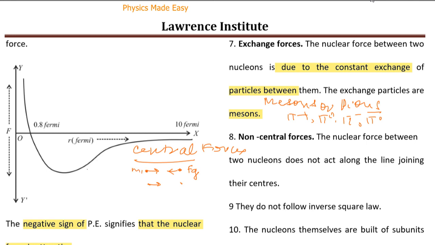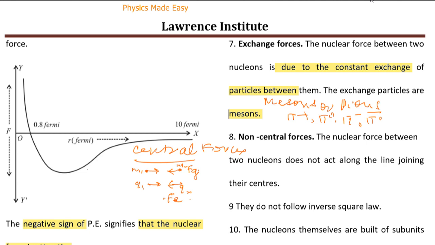Here I have taken two masses m1, m2. Here I have taken two charges q1 and q2. Forces between them are electrostatic forces, Fe. Electrostatic forces and gravitational forces are central.